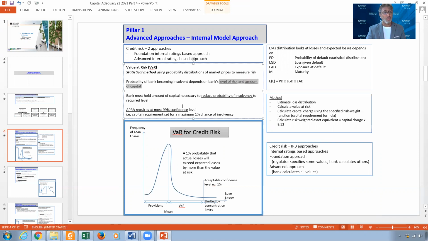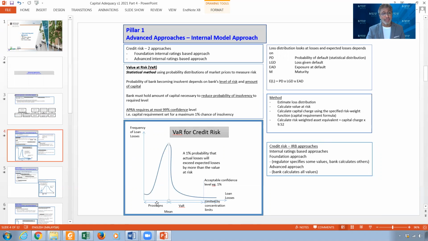Therefore, a bank must hold the amount of capital necessary to reduce the probability of insolvency. Which means if you look at this distribution, this is a distribution of the credit risk, and this is all the losses coming from the credit risk, as I told you, from the housing, and you are calculating this according to all observations of all those years.